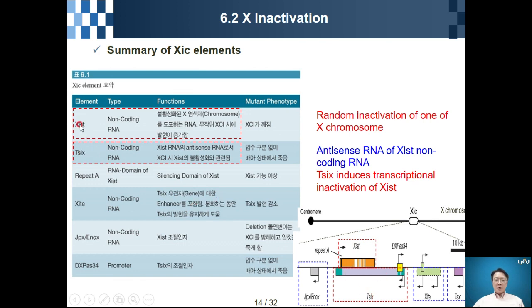The main function of Xist is the random inactivation of one of the X chromosomes. The main function of TSIX is that it is the antisense RNA of the Xist non-coding RNA, and TSIX induces transcriptional inactivation of Xist.